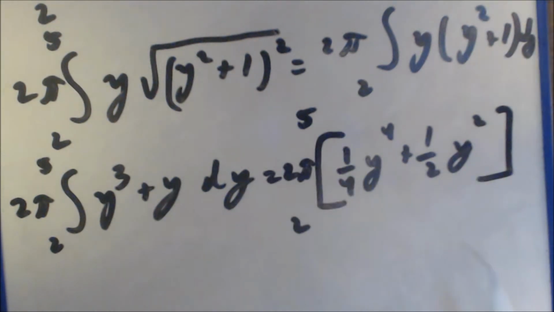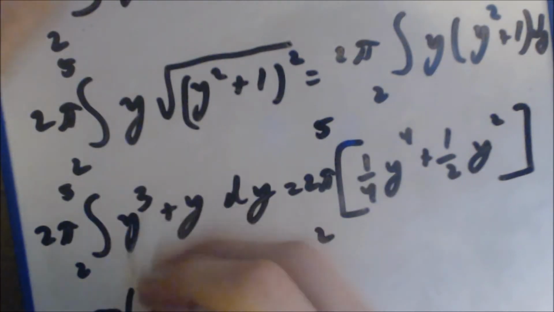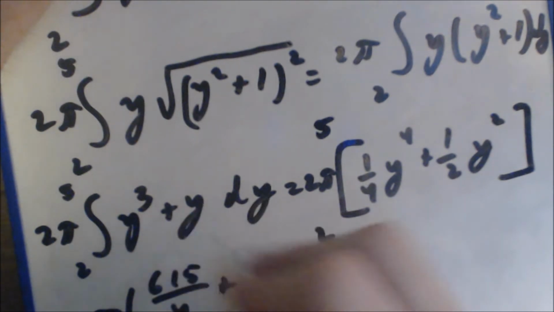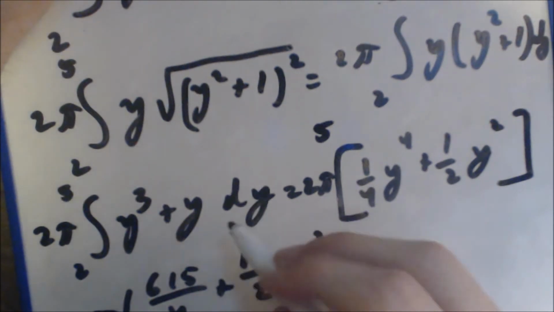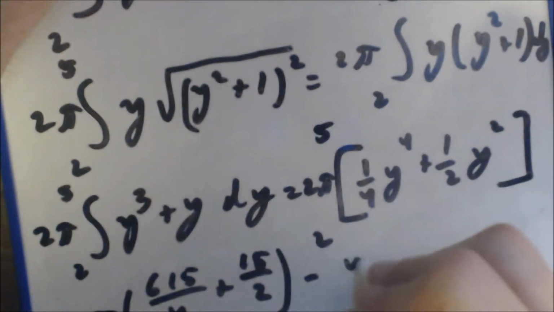Now when you do this out, it's going to come out to 2 pi times 6/15 over 4 plus 15 over 2, that's for the 5, minus 4 plus 2.